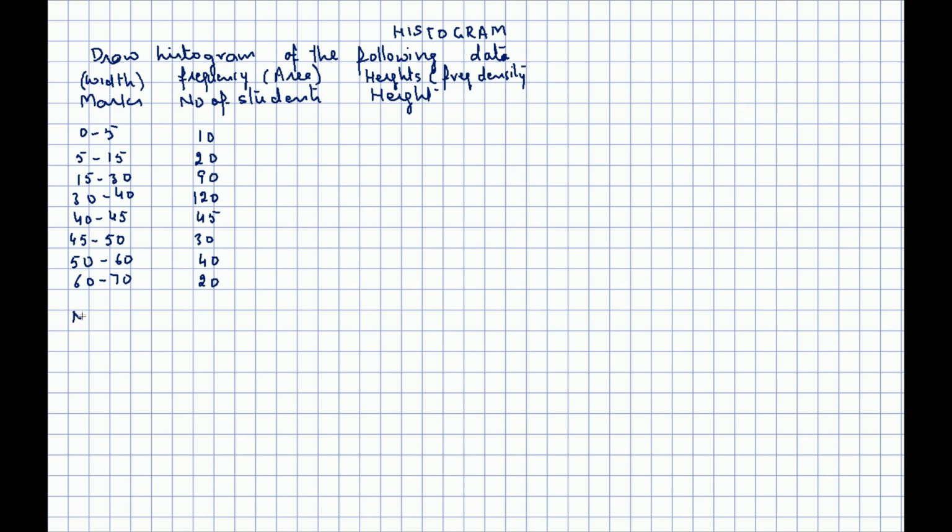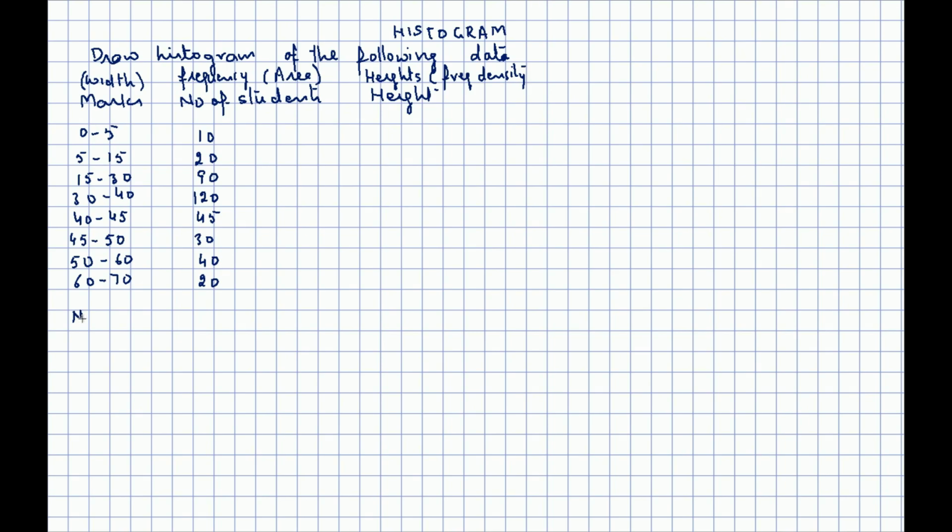Now to calculate height of the rectangle, we will divide area by the width. That is, area is represented by frequency and width is represented by marks. After division, we will get height. Therefore, height is also called frequency density, that is, frequency per unit width of the class.